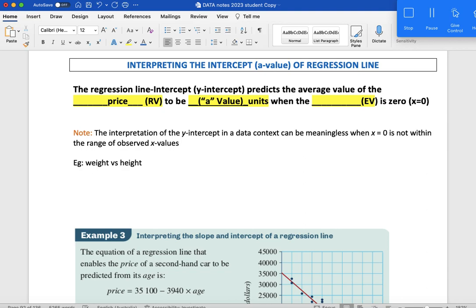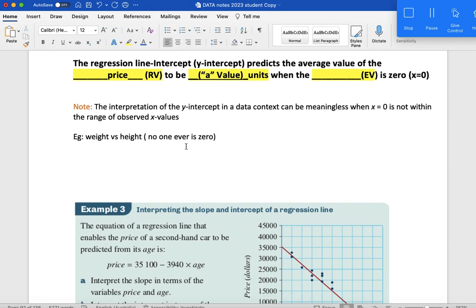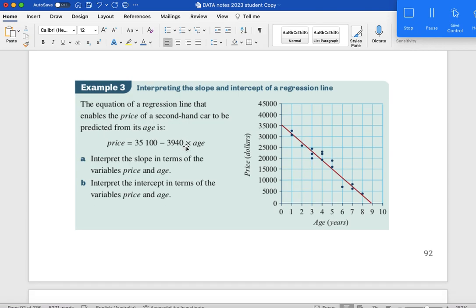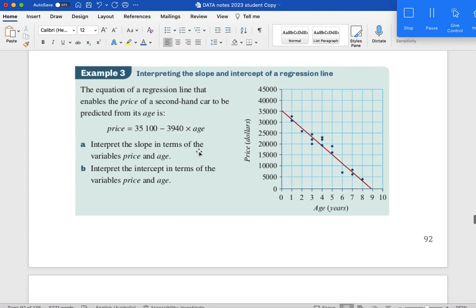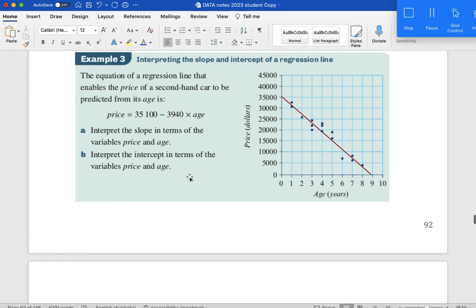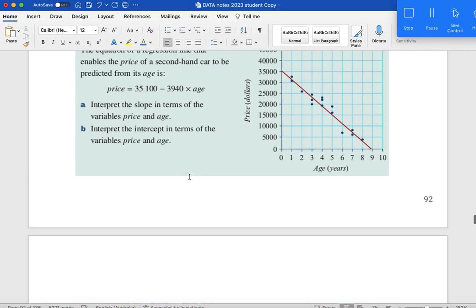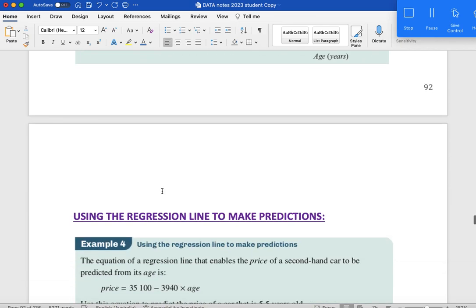So even if you write no one is ever 0 height, you can pop that in, okay? But this example with the cars, yes, it is relevant, because a car before it drives out. So here, we've done all this, interpret the age. So you could maybe write that out later underneath, using those templates.